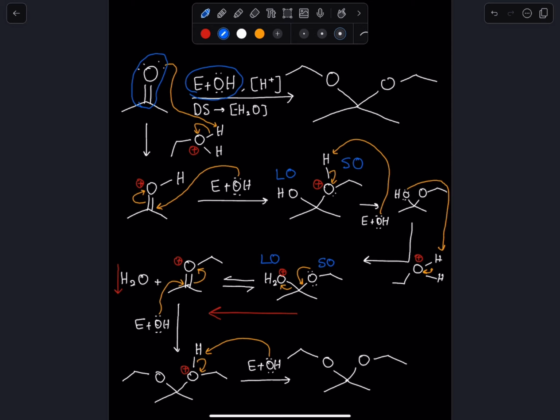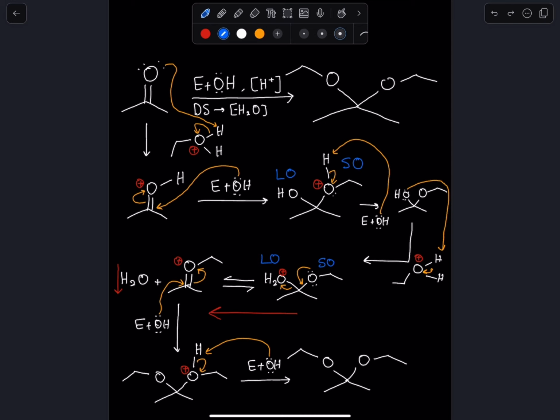Sometimes acid halides are reactive enough and acid anhydrides are reactive enough. But ketones, aldehydes, amides, carboxylic acids, those things, you need to have catalytic acid to be able to protonate them, make them very good electrophiles, and then attack with the neutrally charged nucleophile. So that's principle number one.